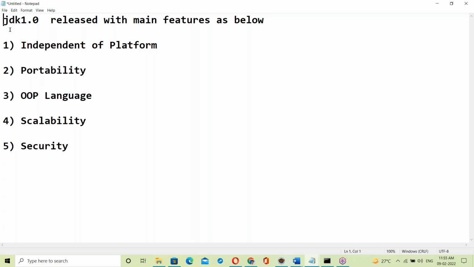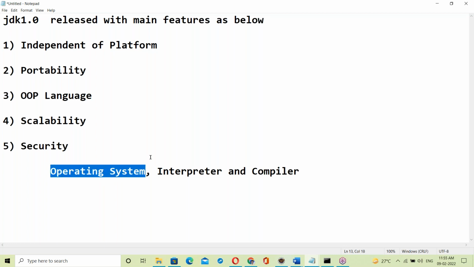Software basics like OS. What is an operating system? You must have OS knowledge. Next, interpreter and compiler knowledge. What is OS?